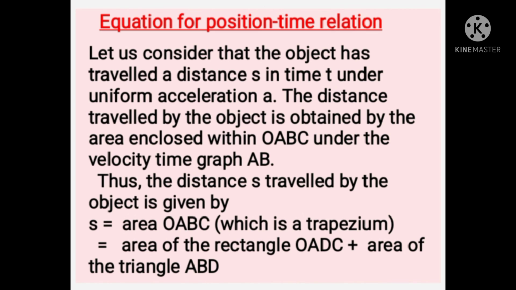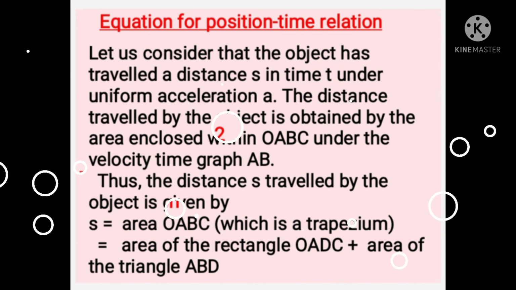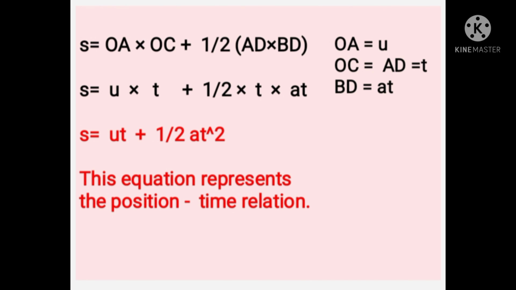Thus, the distance s travelled by the object is given by s equal to the area of OABC, which is equal to the area of the rectangle OADC plus the area of triangle ABD as shown in the figure. So, the area of the rectangle is OA into OC plus the area of the triangle is half into AD into BD.